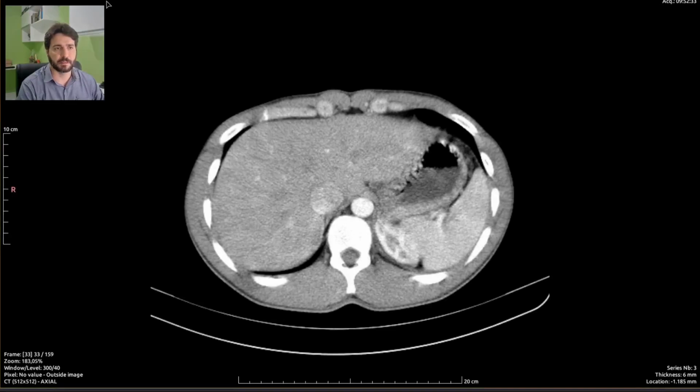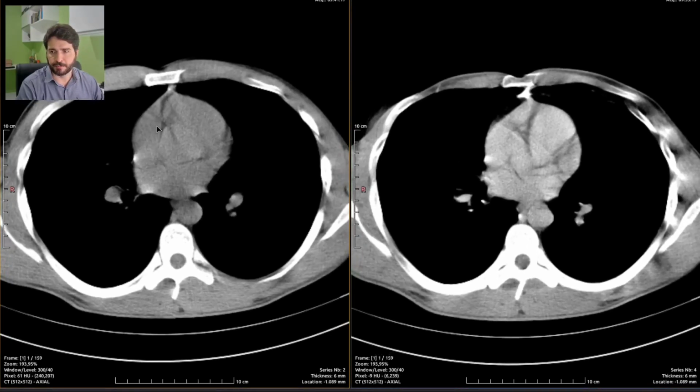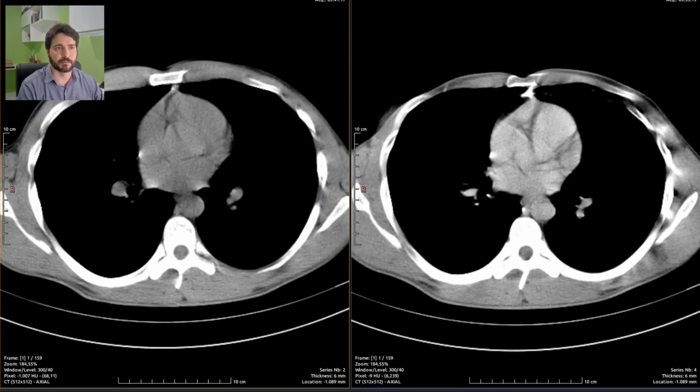It says this patient has pain on the lumbar region on the left, so it's left-sided back pain. Let's look for kidney stones. But it makes no sense to do a contrast enhanced CT scan for kidney stones, but no. Computed tomography isn't always a rational thing, if you know what I mean.